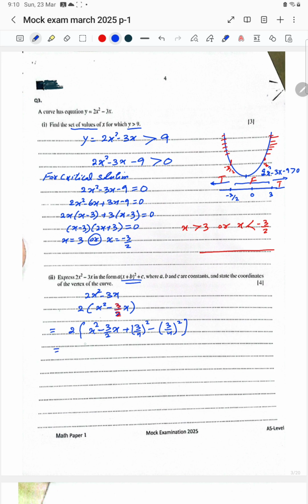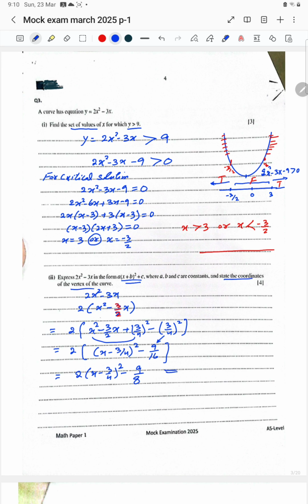So the first three terms can be written as the perfect square, (x minus 3 by 4) whole squared, minus 9 by 16. So 2 times (x minus 3 by 4) whole squared minus 9 by 2 times 9 by 16, means 9 by 8. Okay, which is the required form, and state the coordinates of the vertex of the curve.